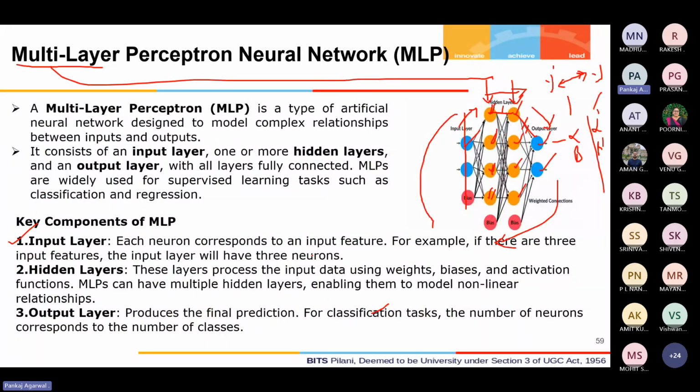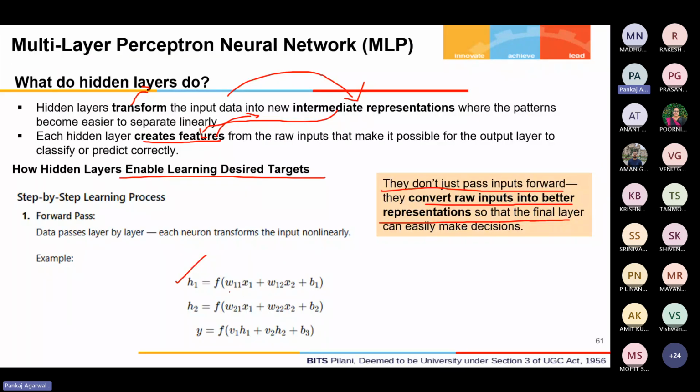For example, take this hidden layer. This is input one, this is input two; I'll call them x1 and x2. I may have hidden neurons, H1 and H2, with very simple connections between them, and an output layer.